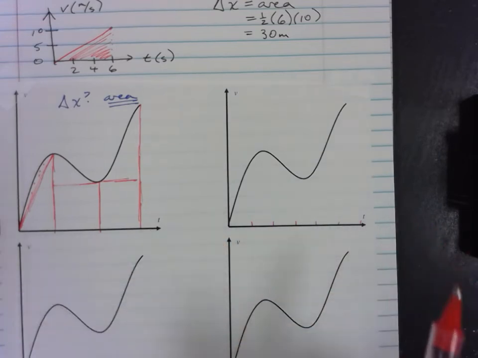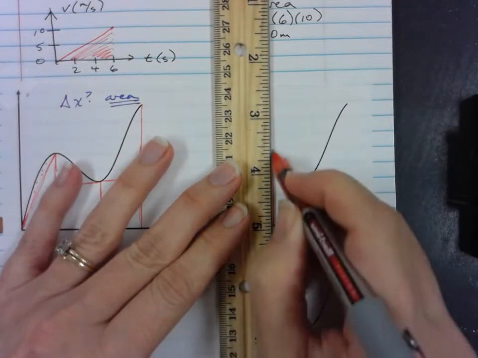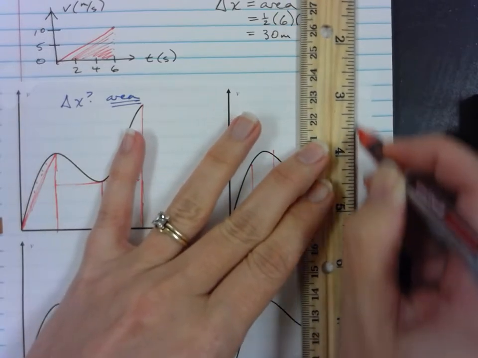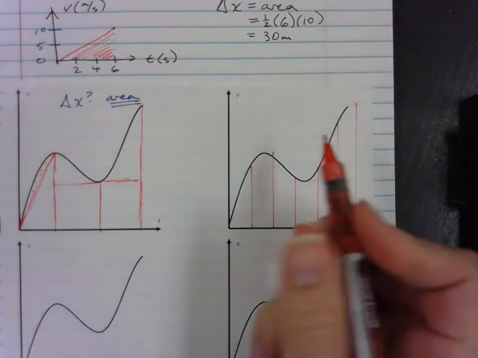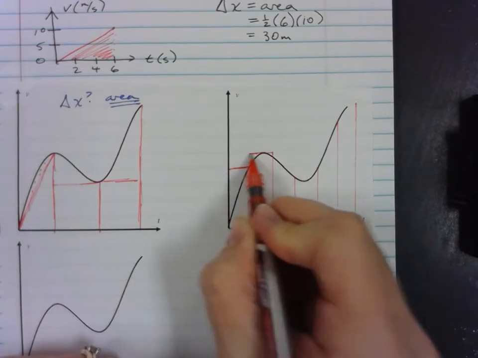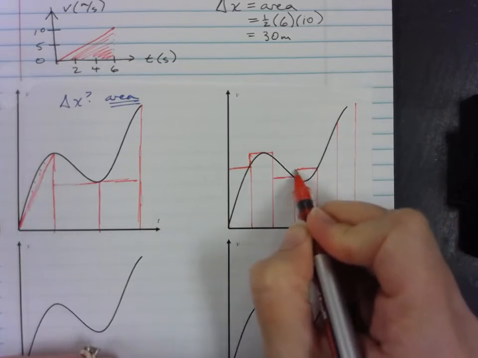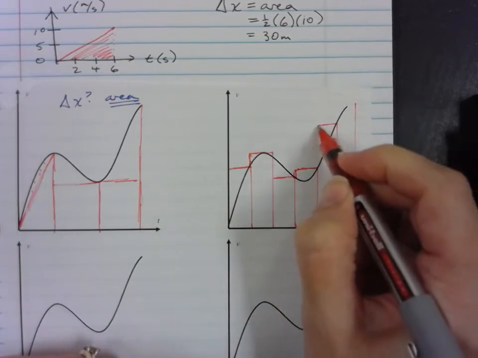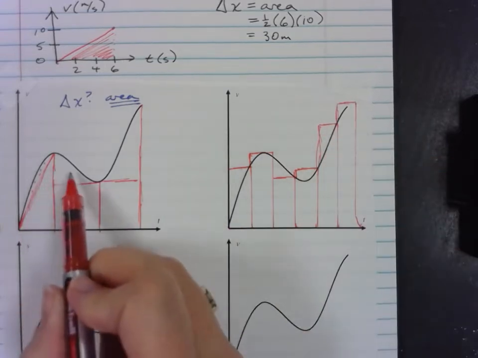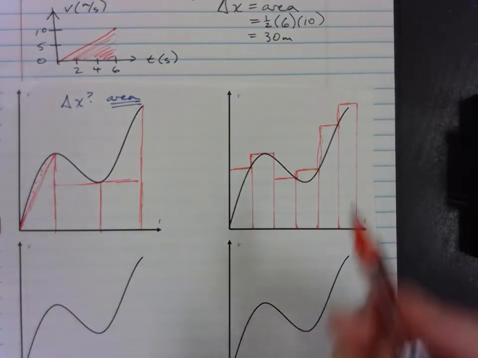And if I use a ruler and draw up each of these, I could make a collection of rectangles. So instead of calculating the area of a bunch of different shapes, triangles and triangles on top of rectangles and everything else, all I have to do are rectangles here. But I do have a problem.